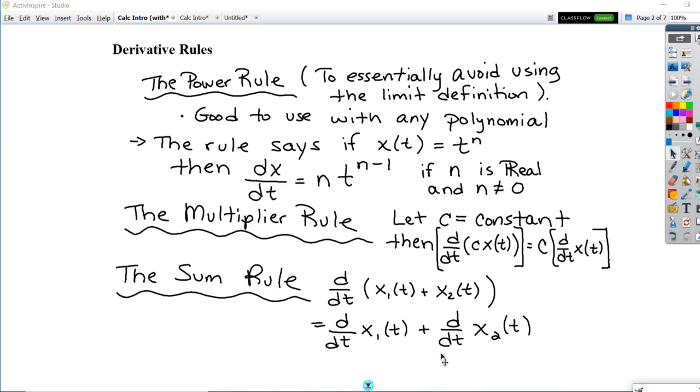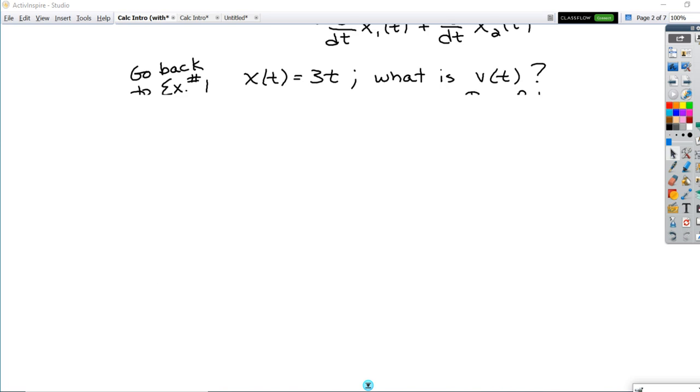Right, with these three basic rules, we can already tackle some very important types of functions, which range from all different types of polynomials. So starting out with the basics, let's go back to our first example, x at t equals 3t. What is v at t?